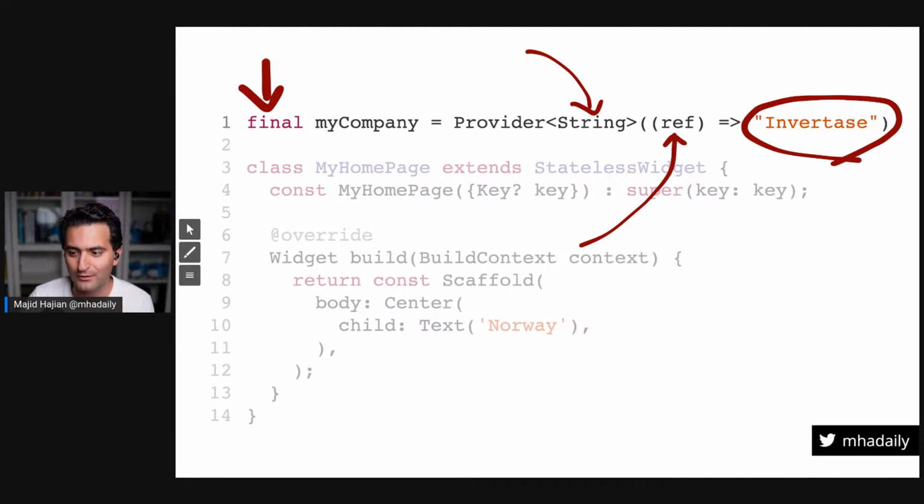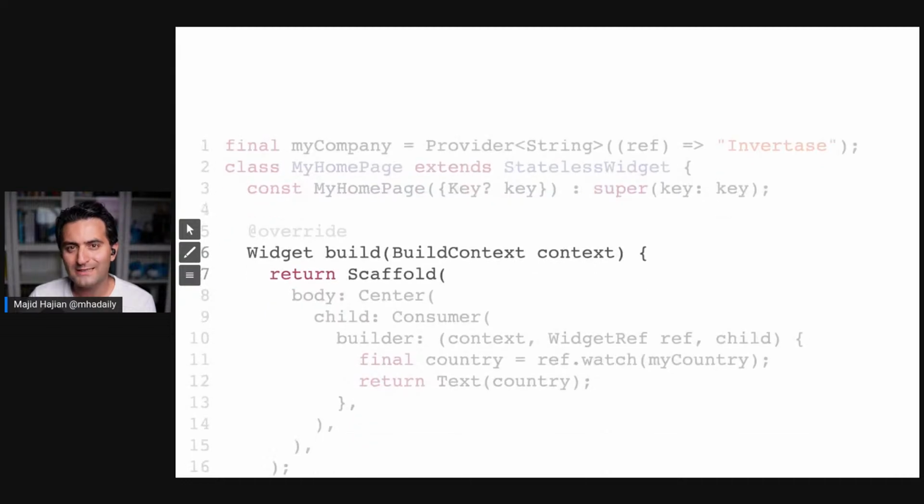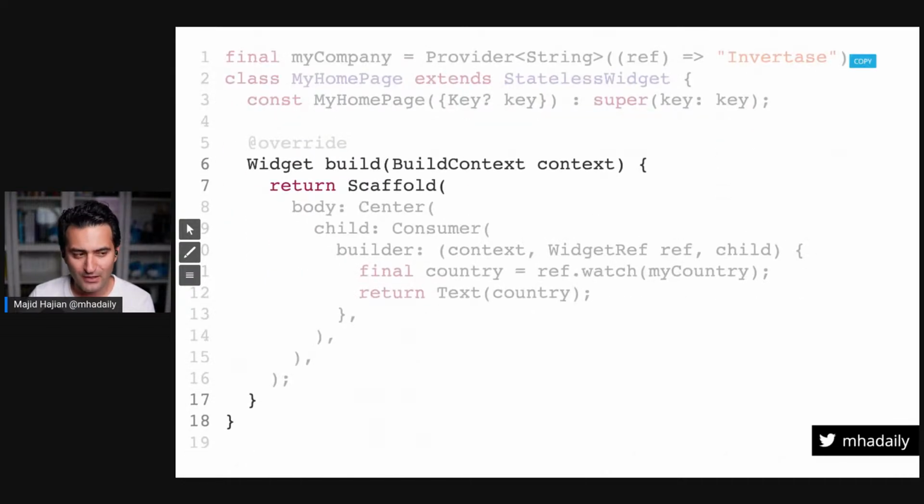Later we're going to talk about it. Then you can return your value, which in this case is just a string. One tip for you here is to always have your providers defined with the final keyword.